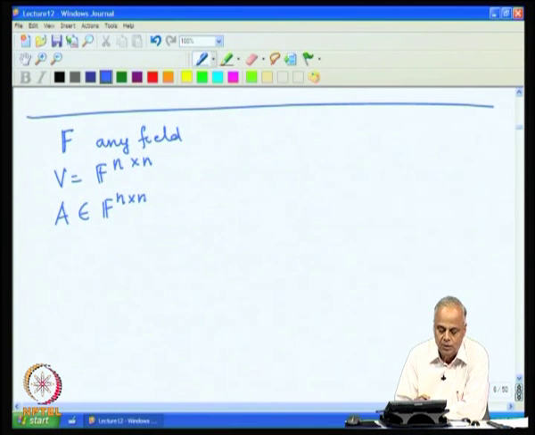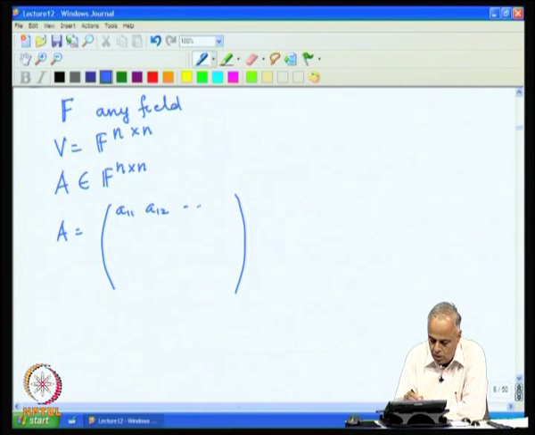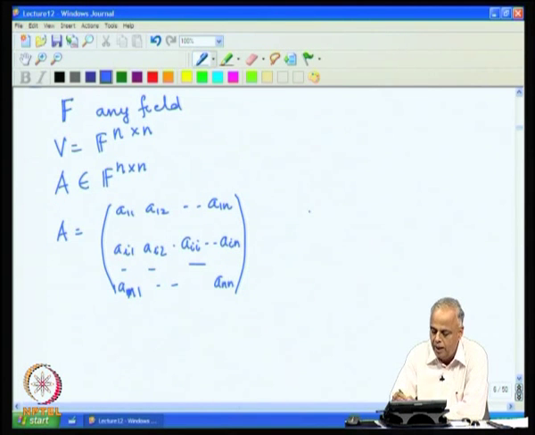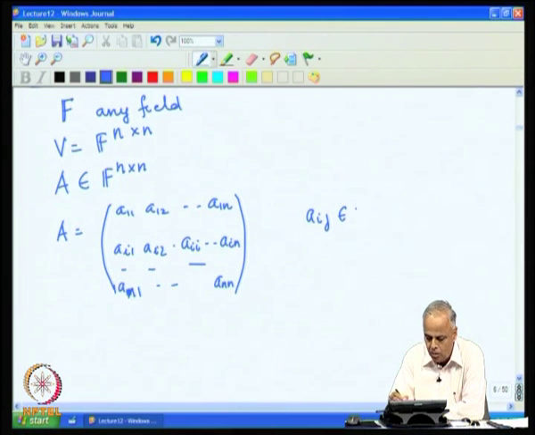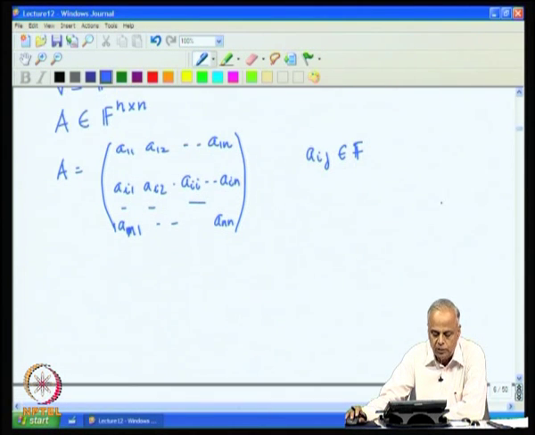Take a matrix which belongs to this space. How does it look? It is a matrix A11, A12, A1n, the ith row will be Ai1, Ai2, Aii and so on Ain, and the last row will be An1 etc. Ann, where the Aij are all from the field F. So, we take an n by n matrix over the field F.